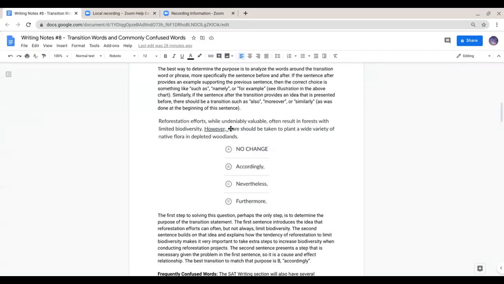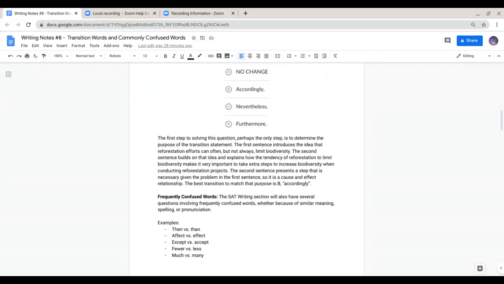The effect is that when you're replanting depleted woodlands, you should be careful to increase biodiversity. The one that best matches the idea of cause and effect, presenting a solution to a problem mentioned earlier, is accordingly. So that's pretty much it.